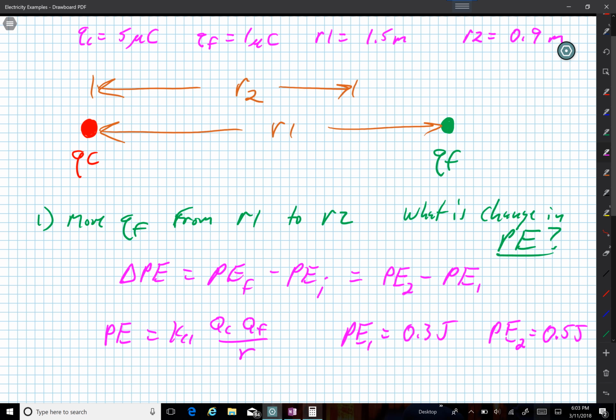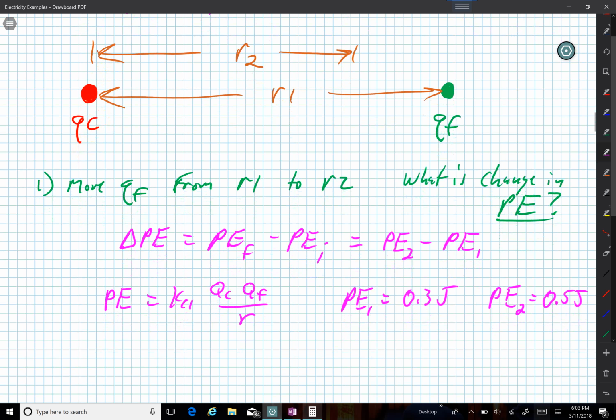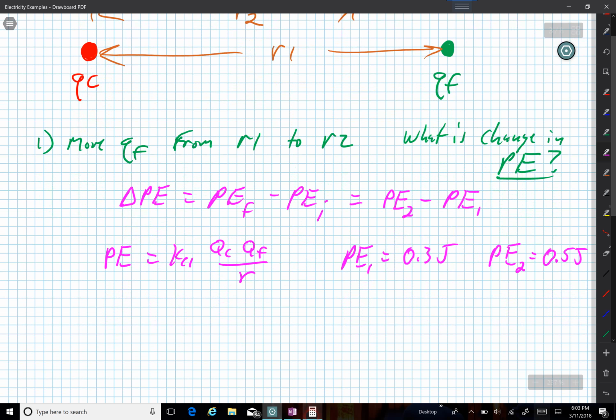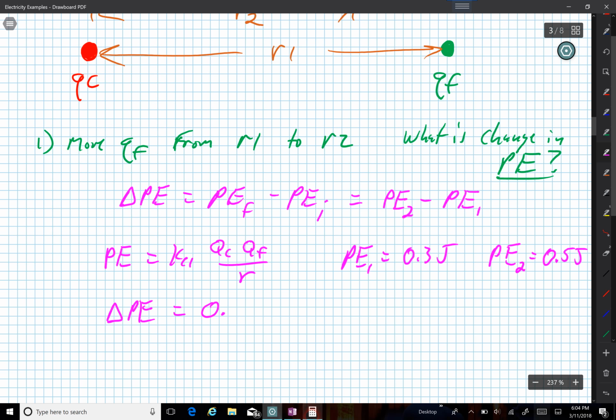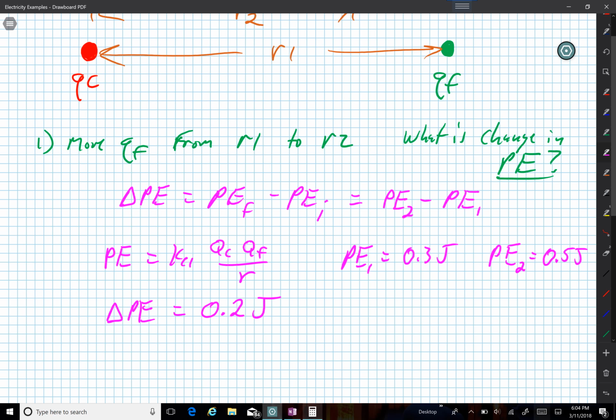And both of these are positive potential energies. And so delta PE is equal to 0.2 joules. And it's positive. It's 0.5 minus 0.3.